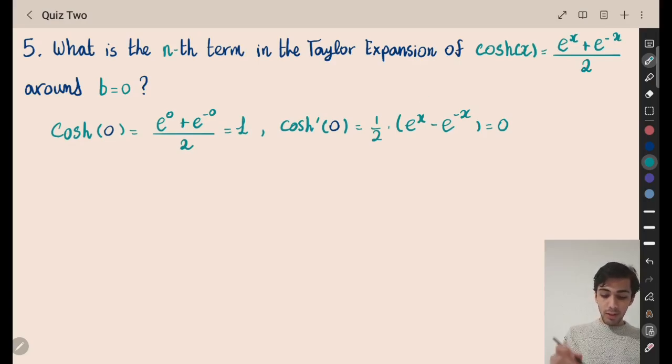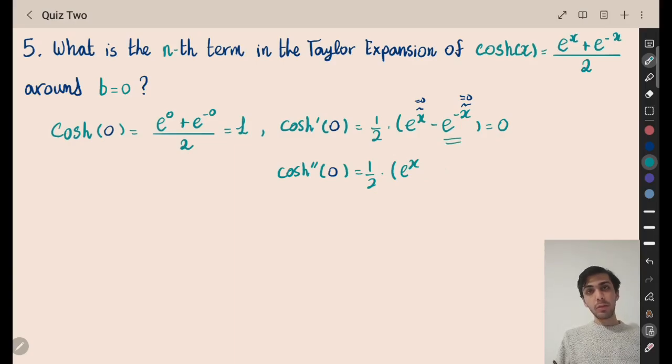Okay, but what is the second derivative of cosine of x at 0? That's a good question, right? That is going to be just the derivative of this thing, which is, well, e to the x is e to the x.